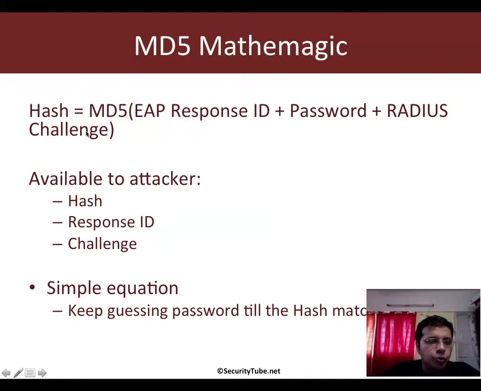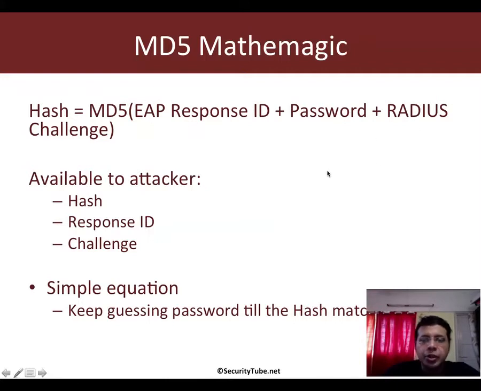Right? So if you look at this equation, what are the things available to the attacker by sniffing the air? To begin with, he knows the hash because this is the response of the client sent to the Radius server. He knows the response ID as well because he can sniff it off the packet, which is plain text. And finally, he can also know the challenge which was initially sent by the Radius server. So he has the hash, the response ID and the challenge.